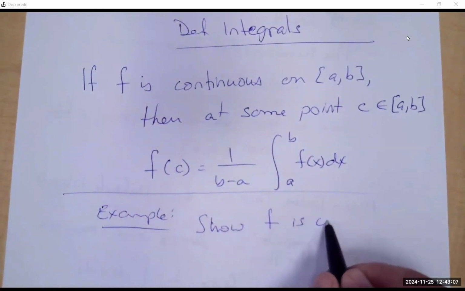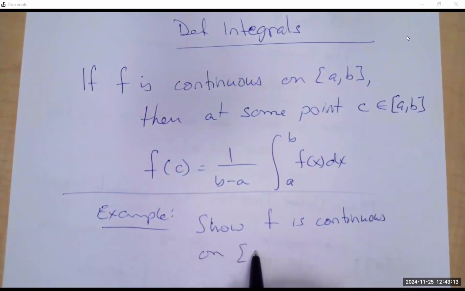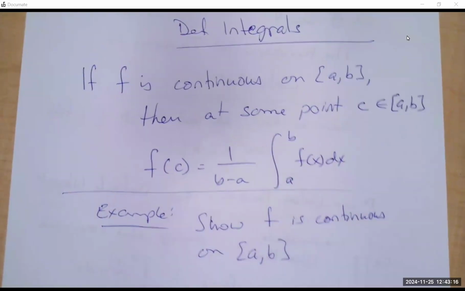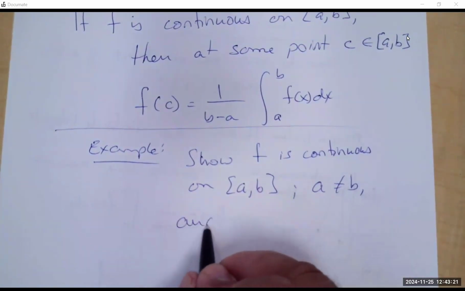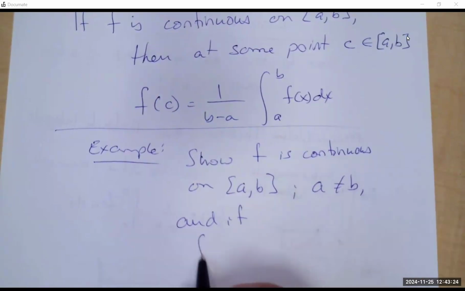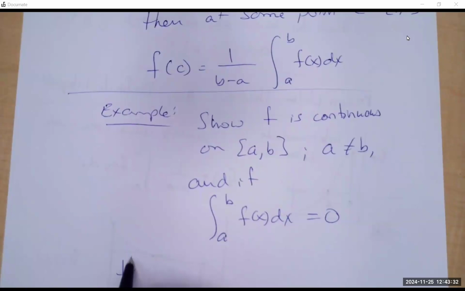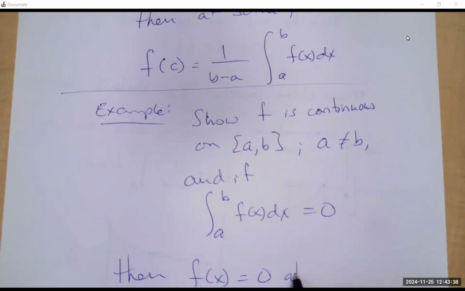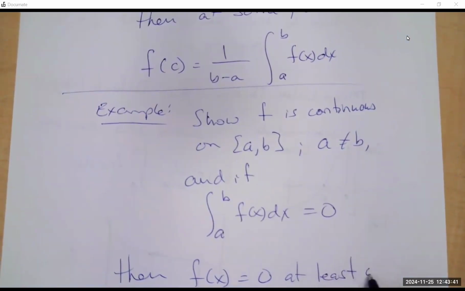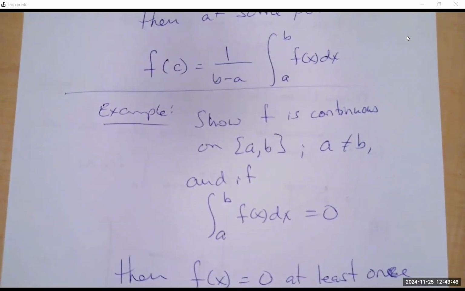So f is continuous on the closed interval AB, and A does not equal B. And if the integral of f of x from A to B equals 0, then f of x equals 0 at least once in the interval AB.